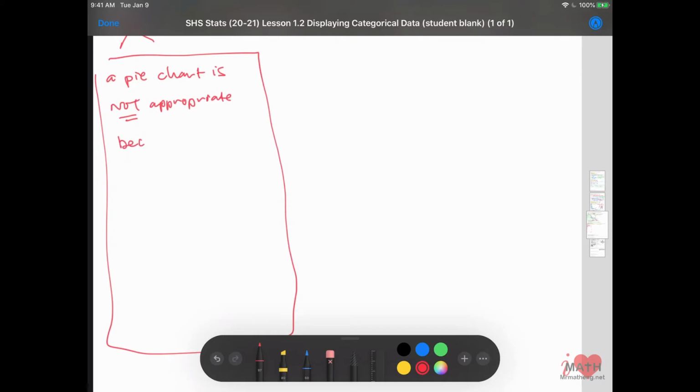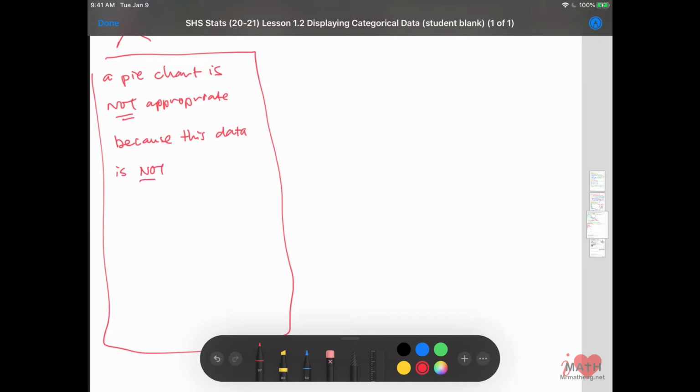Why? Because this data is not a percentage of all SAV students. What does that mean?